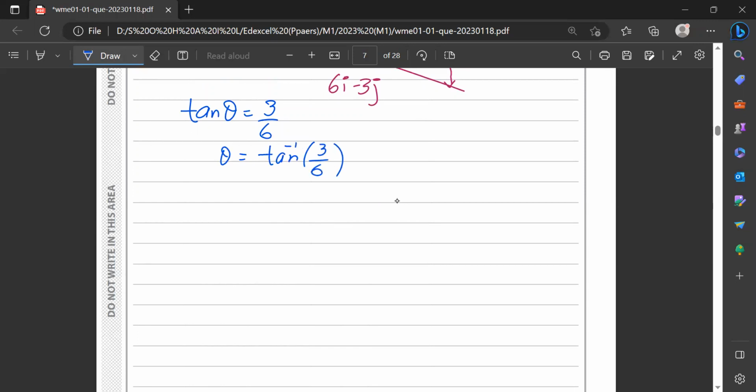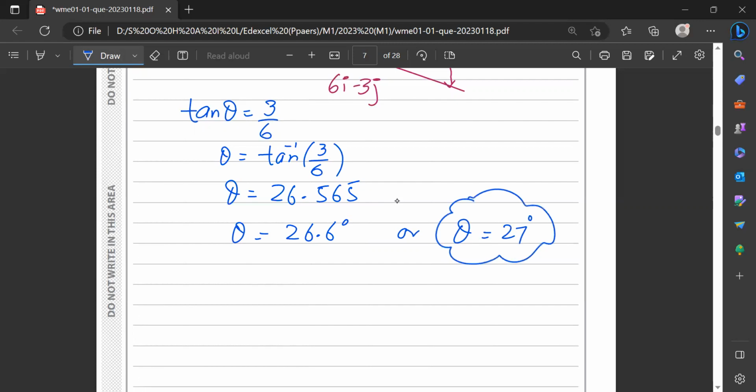Let me use the calculator. Inverse tan of 3 over 6 is 26.565. So either you write 26.6, or if you write theta equals 27, it's much better. So this is the answer.